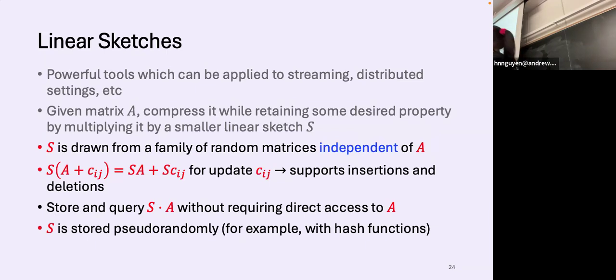For anyone who caught it, you do have to in some way store S so that you can sketch these updates. But crucially, we visualize S as a matrix to keep it in our heads, but usually you're actually storing it super compactly. For example, with count sketch, you don't normally store it in matrix form, you store it as a bunch of hash functions that represent what you're doing. That's not too important.